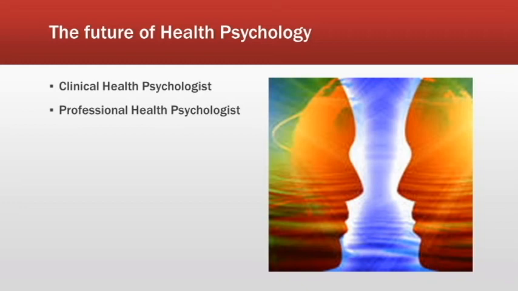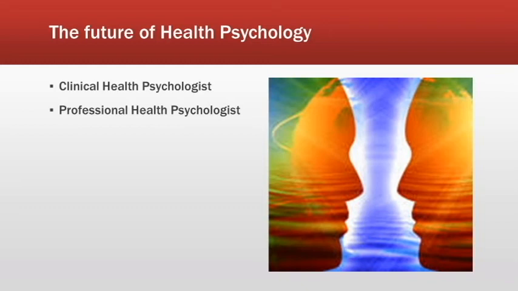Now, in order to practice as a clinical health psychologist, it is generally accepted that someone would first gain training as a clinical psychologist and then later acquire an expertise in health psychology, which would involve an understanding of the theories and methods of health psychology and their application to the healthcare setting.